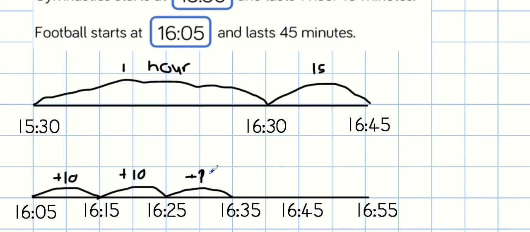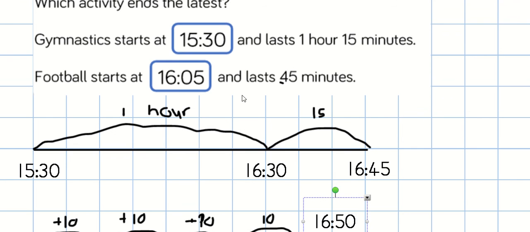Oh, so that's 30. That's 40. And now for my final jump, because I've gone on my 40 minutes, I'm only going on 5 minutes, so I'm not going on the full 10. If I add 5 to 4:45, I get the answer 4:50. So actually, the activity that ends the latest is football.